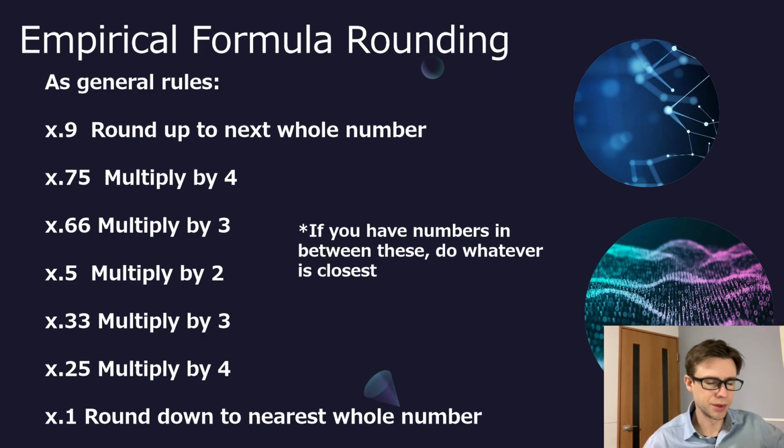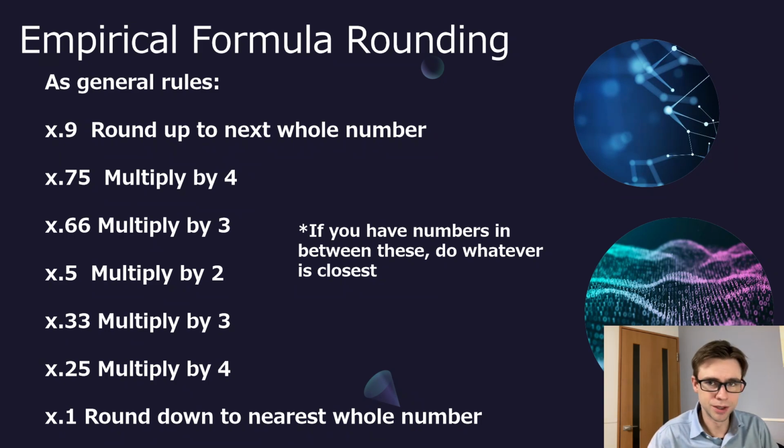If the number that you get after you divide by the lowest number of moles is x.9 or higher, you can round up to the next whole number. So 0.9 goes to 1. If you have a number like x.75, 0.75, 1.75, 2.75, what you want to do is multiply by 4, because the 0.75 will end up being a whole number.